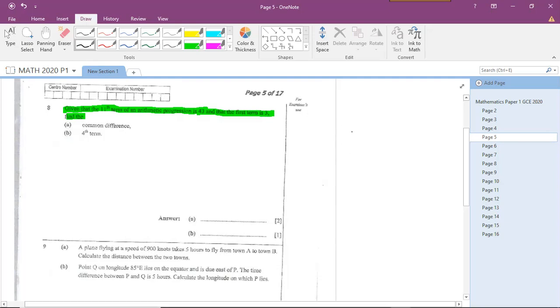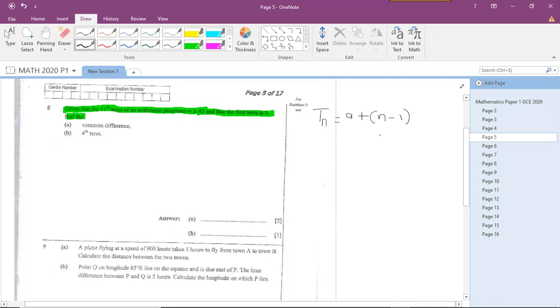So step one, you would state the formula. If the formula has been given to you, just grab it. The nth term is: A denotes the first term, plus (n minus 1) times D. This n is the exact number.